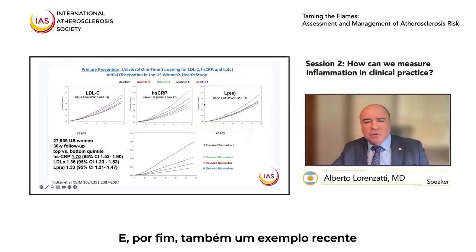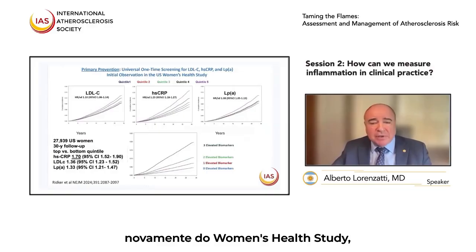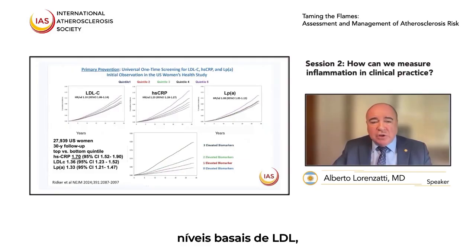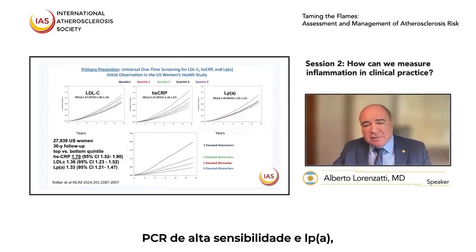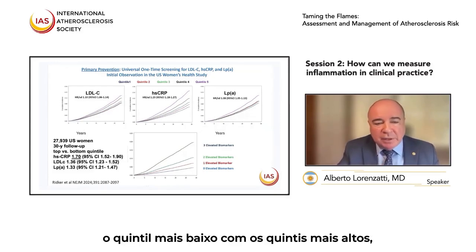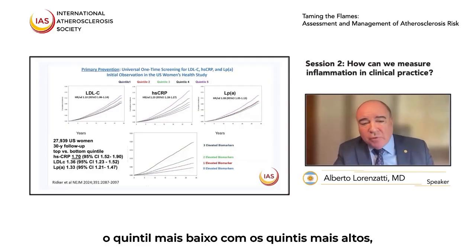And finally, also a recent example again from the Women's Health Study, also comparing basal levels of LDL, high sensitivity C-reactive protein, and Lp little a, of course, comparing the bottom quintile against the top quintile.